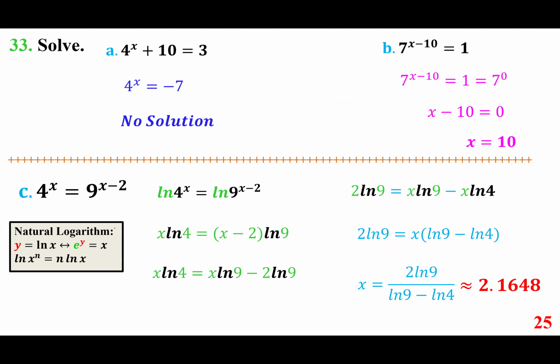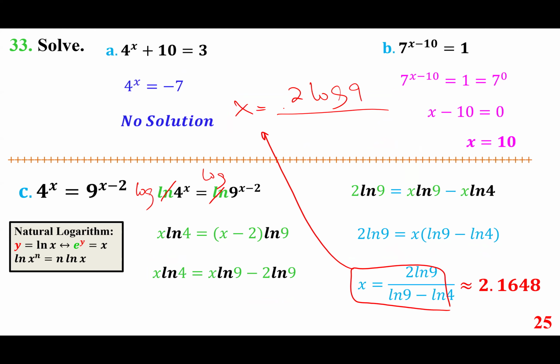if instead of ln we took the log here, then this one would be x equals 2 log 9 over log 9 minus log 4.